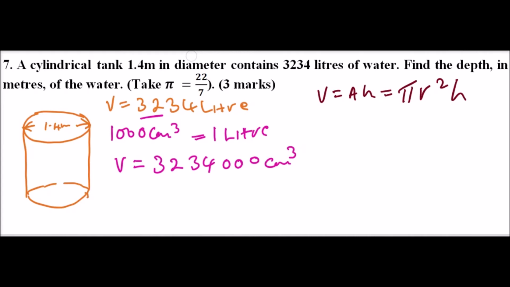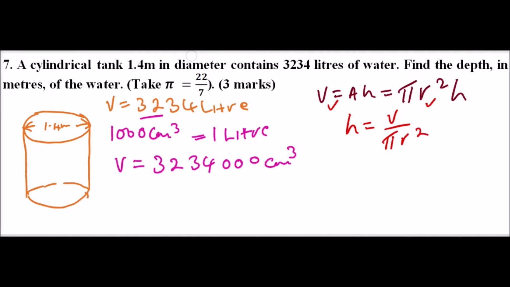But now we have been given the radius, and we know the volume, and therefore height is equal to volume divided by the base area. So height is volume divided by base area.